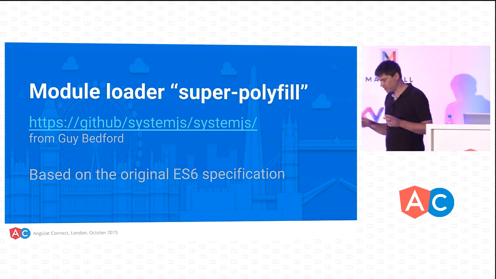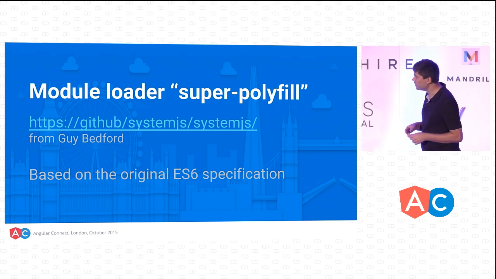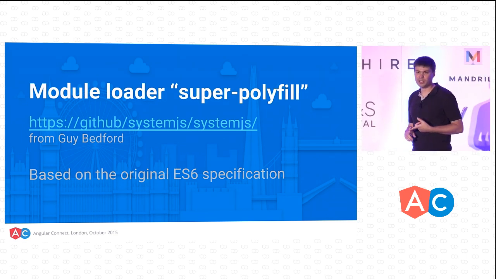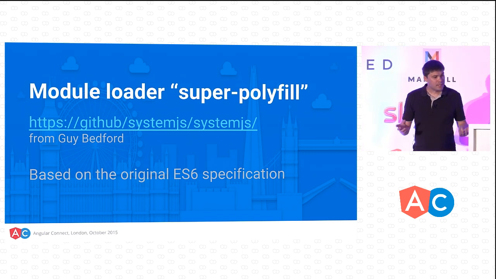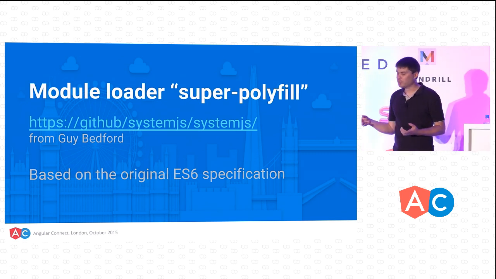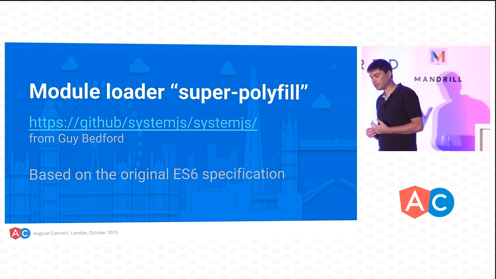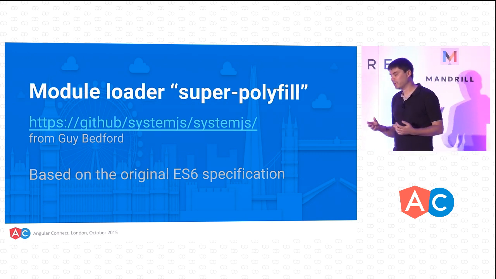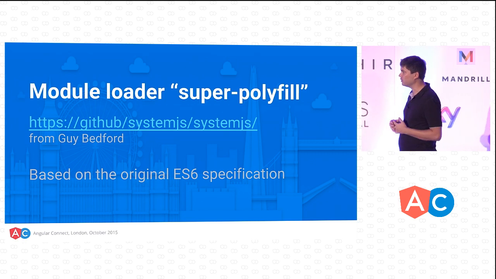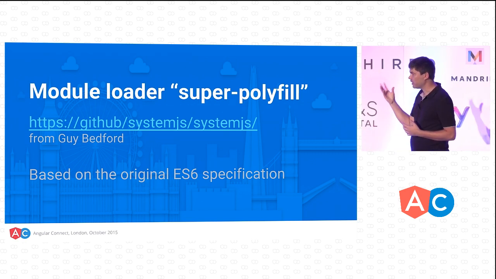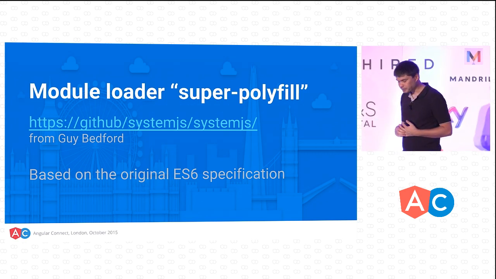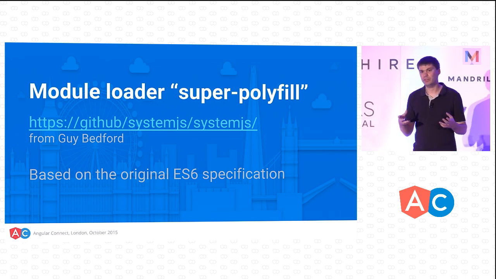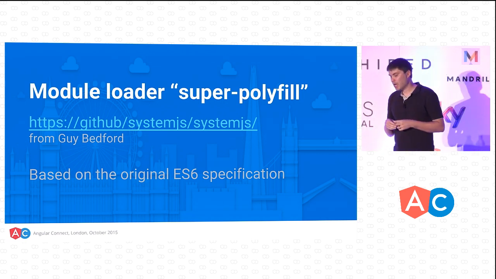First, let's say you are in this futuristic camp. So once again, there is no specification for the loader, but there was part of the specification in ES6. So we've got this set of projects called SystemJS and some other projects in this whole ecosystem, run by Guy Bedford, which is trying to write a polyfill, like a super polyfill, for the module loader.